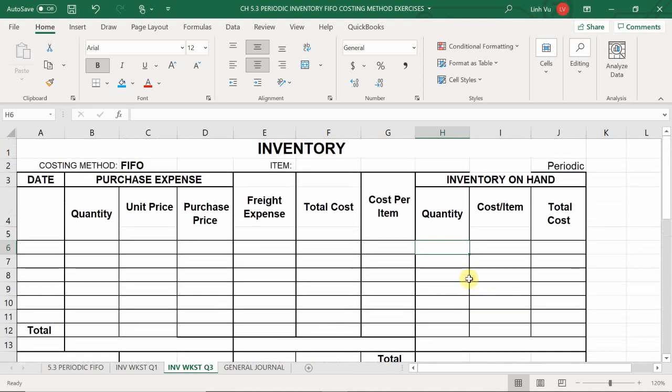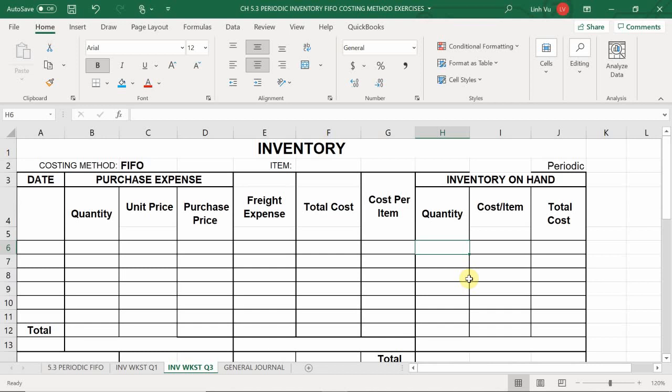Under my total bar here, I could do equal sum and just highlight all my cells.